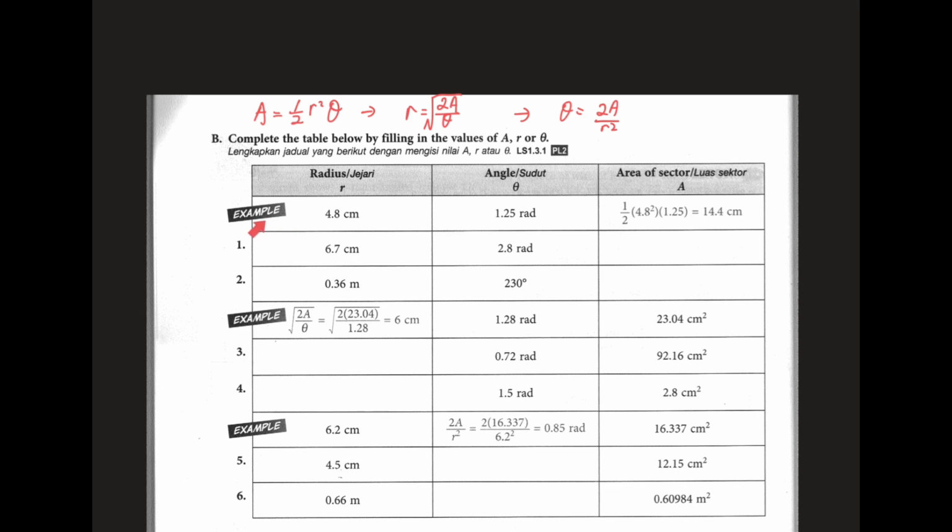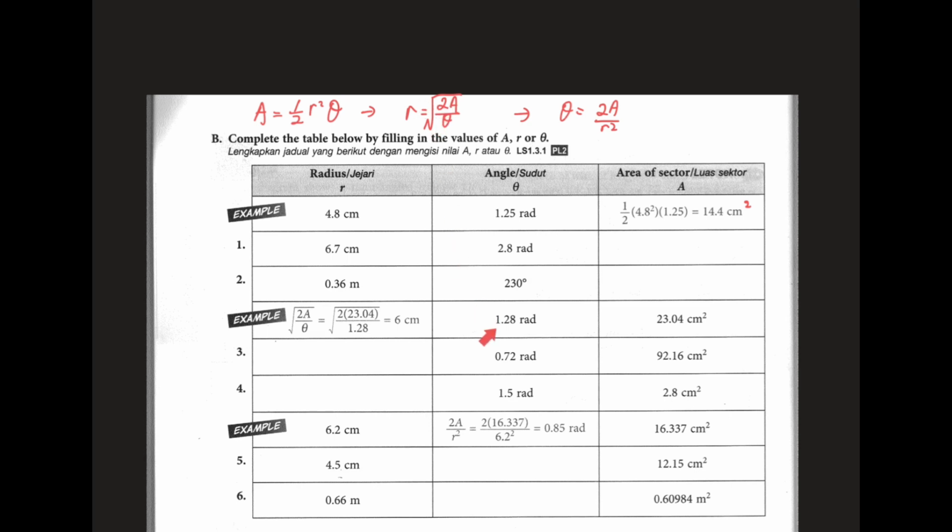So the first example, they give us radius 4.8, theta 1.25. So we are using this formula, half r squared theta. Substitute, then you get the area 14.4 cm squared. Okay, so second example, they are using this formula where area and theta are given.